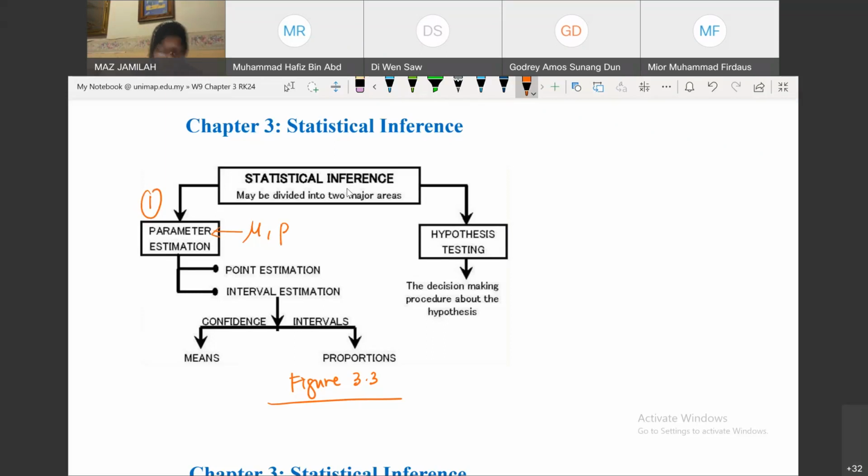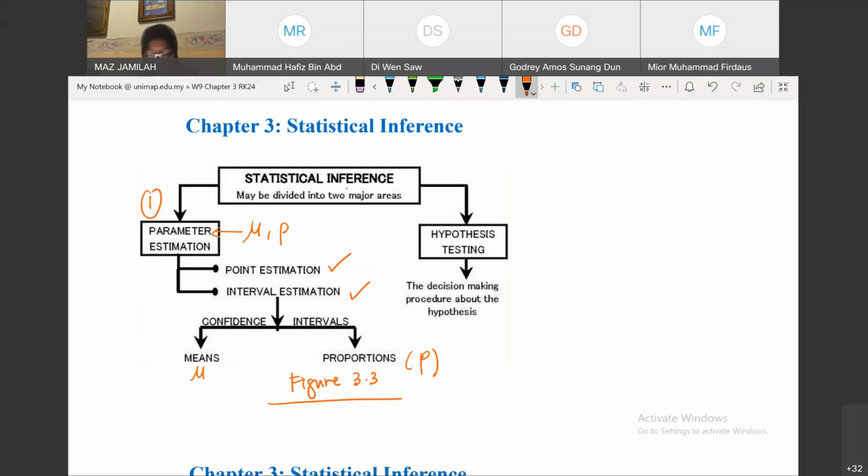Now, how can we do that? We can use point estimation or we can use interval estimation. Interval estimation will involve the mean and the proportion. So that would be parameter estimation.